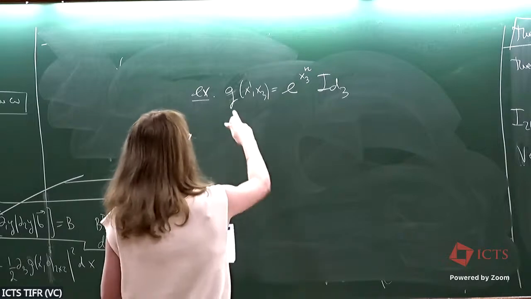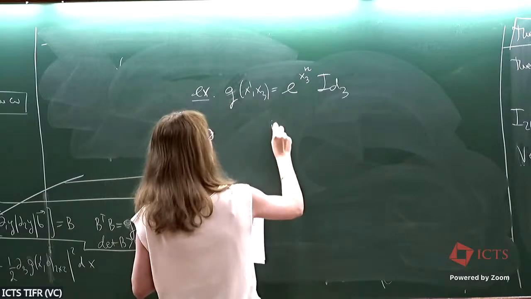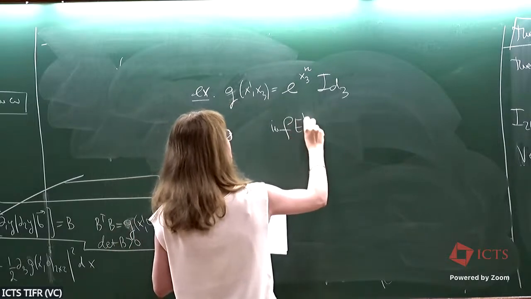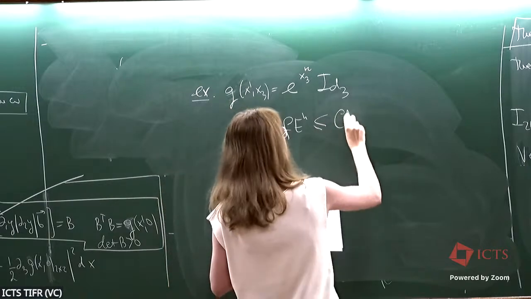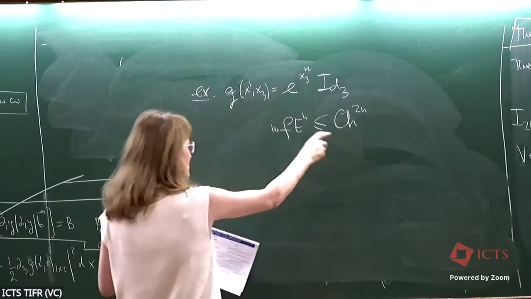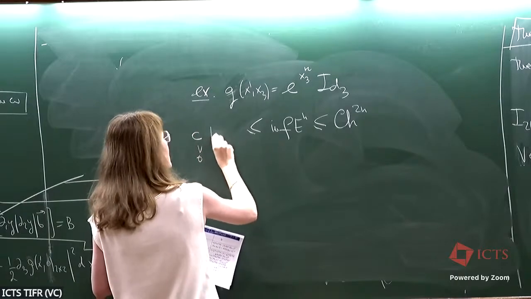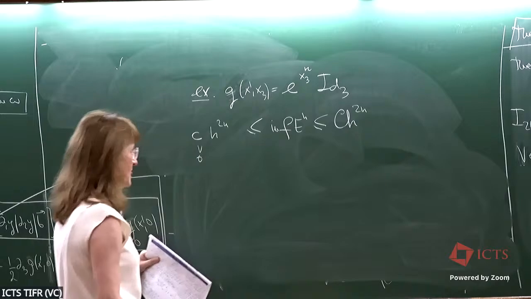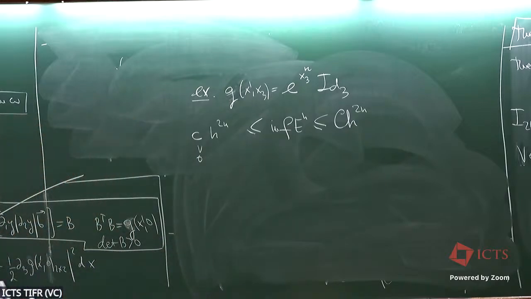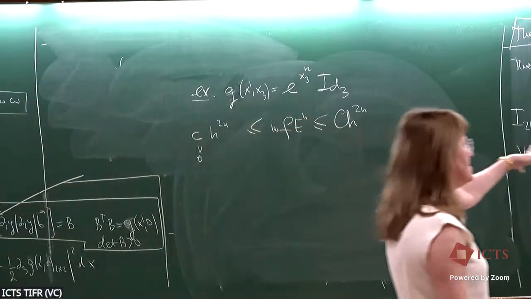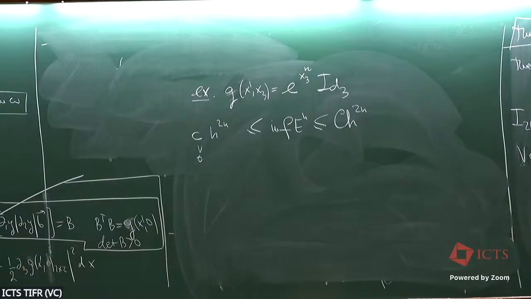Yes. So for this metric, infimum of EH is less or equal than c h to power 2n, but it's greater or equal than a small c, still positive, h to power 2n. So I'm just saying that this infinite hierarchy of limiting, gamma limiting theories, all of them are viable.